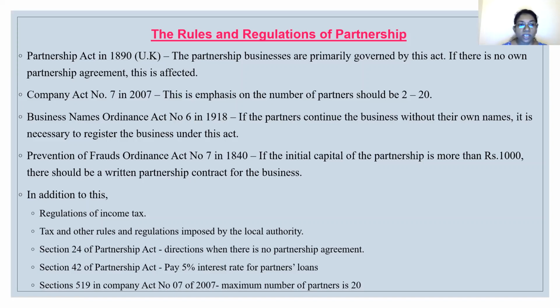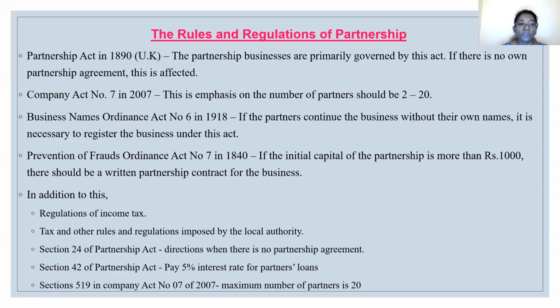Then the next one is the Companies Act number 7 of 2007. This emphasizes that the number of partners should be 2 to 20. Then the Business Names Ordinance number 6 of 1918 says that if the partners continue the business without their own names, then it is necessary to register the business under this act with the new name.